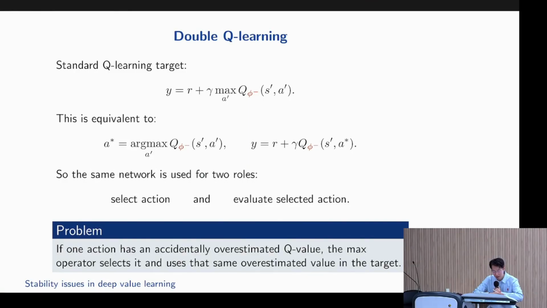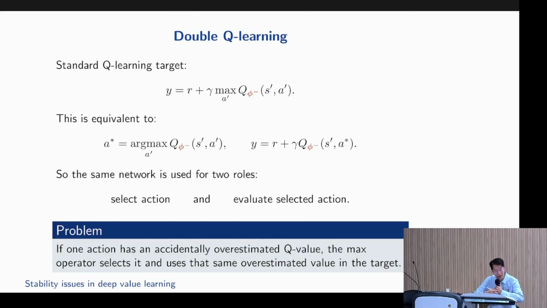So what's the workaround? I'm not saying this solves all the problems. This is a proposed approach that partially addresses the problem, but this is not the solution. It just helps us a little bit. This is called double Q-learning.